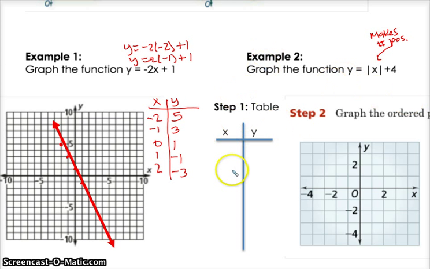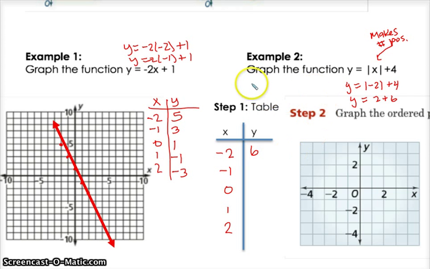Alright, let's go ahead and fill out our table. I'll use those magical points, -2, -1, 0, 1, and 2. If I plug in -2, that's going to be y equals the absolute value of -2 plus 4, which is really y equals 2 plus 4, and that's 6.